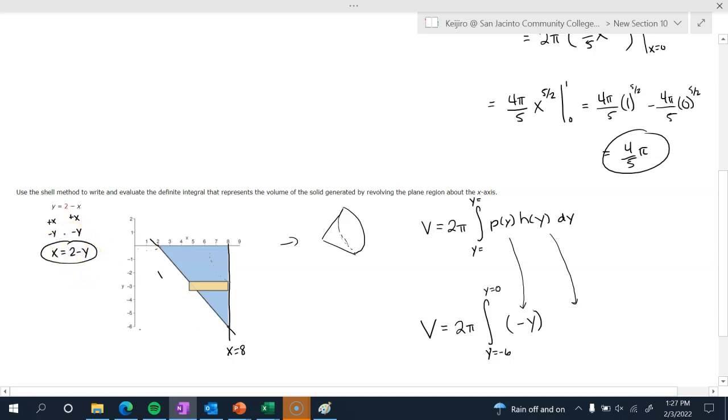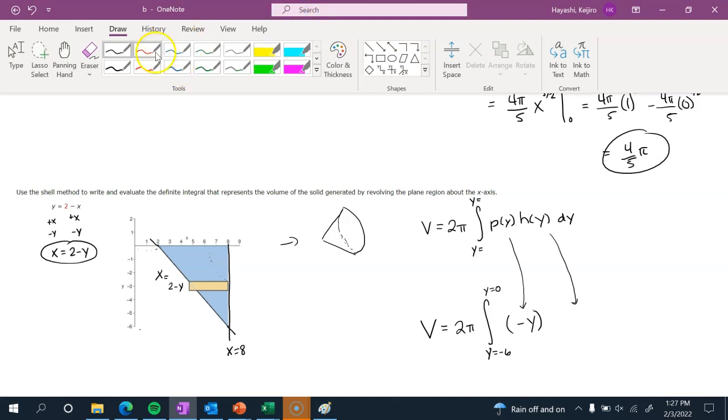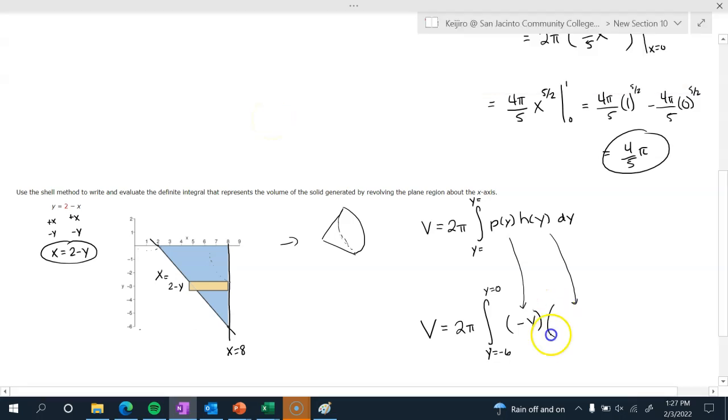I forgot to mention, since this is an integral dy, you want all your functions to be x equals a function of y. Okay, so all right, so this rightmost curve is x equals 8. This leftmost curve is x equals 2 minus y. Okay, so we're doing shells, top minus bottom, or rightmost minus leftmost, is going to form the height of this shell.